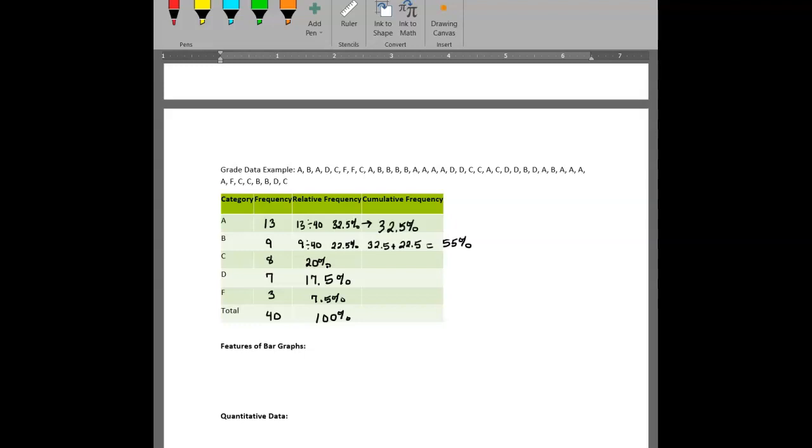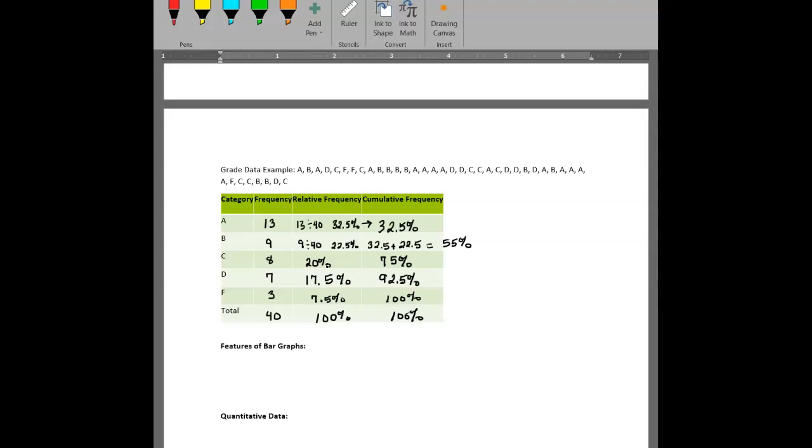And then we're going to take 55% plus 20%, which gives us 75%. 75% plus 17.5% is 92.5%. 92.5 plus 7.5 is 100%.